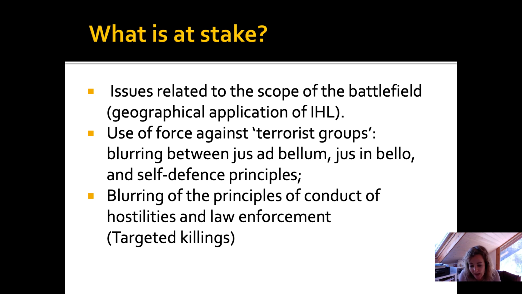So a state will have the tendency to target under IHL a member of an armed group, which will be labeled as a terrorist group. So for the state, it will be legal to target this individual, whether or not it is in a state where IHL applies.